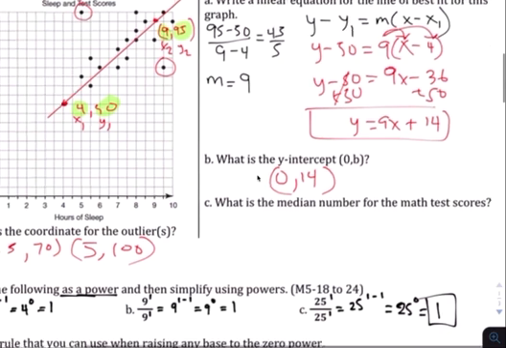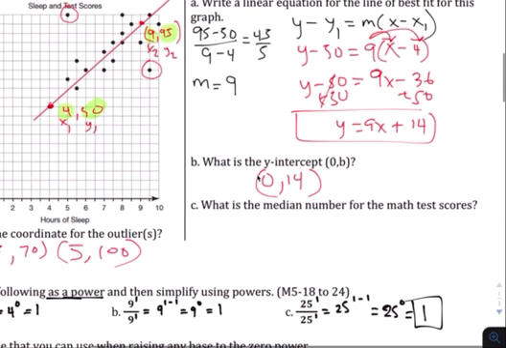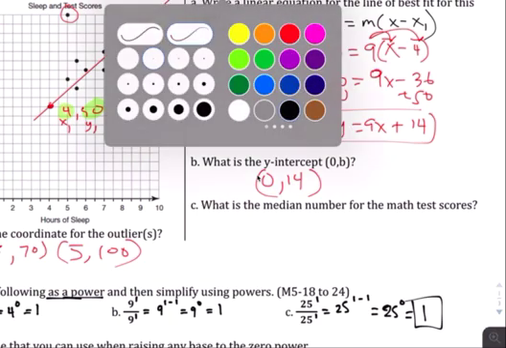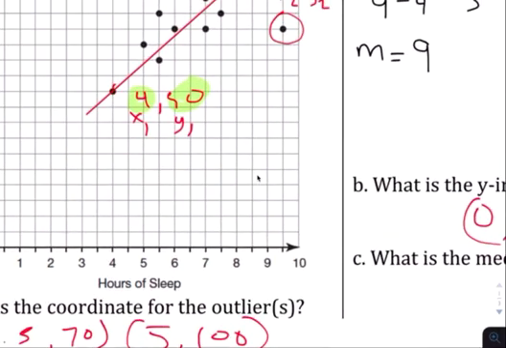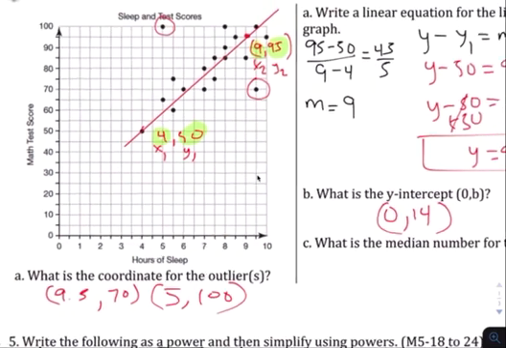What is the median number of the test scores? Median number, don't count the 1 point that I put in there. This is all the black dots.